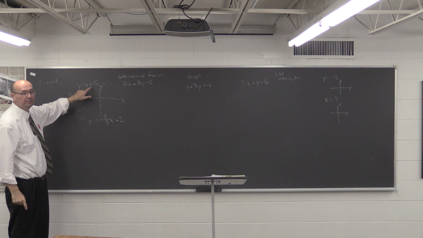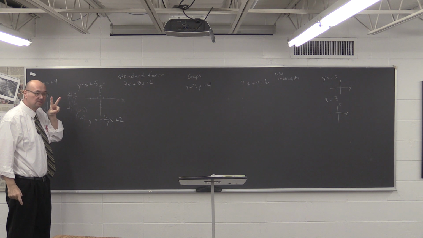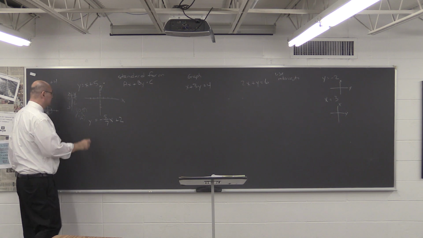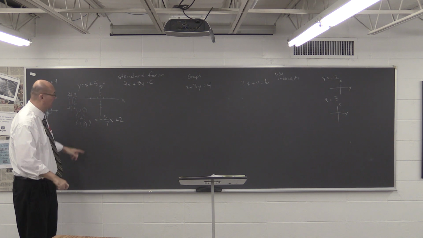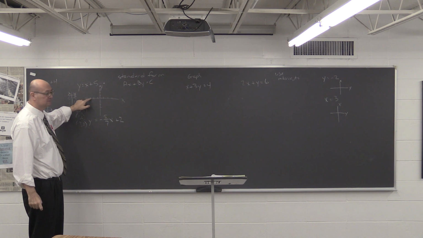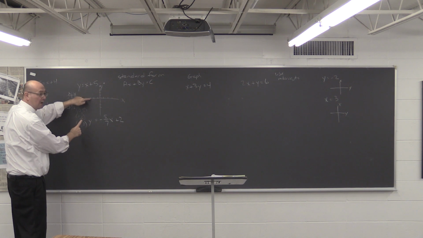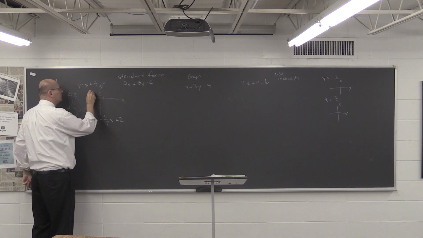What's -3 plus 5? 2. Excellent. 2, positive. So let's put that 2 there. So -3 and 2. Origin, -3. So we go back 3 on the x. All right. And then for the y, we go up or down 2. We go up. 1, 2.